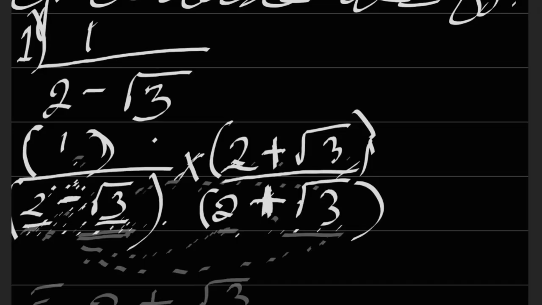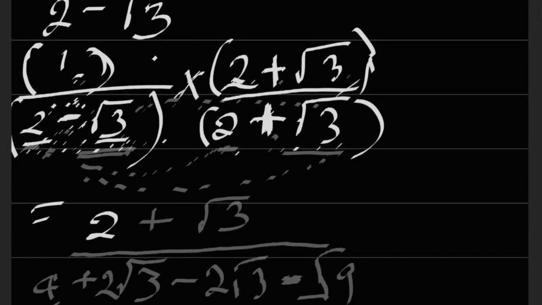1 times anything is that thing. So this will be 1 times 2, 1 times 2 is 2, plus 1 times root 3 is root 3, all over, these two multiply the first one here, these two multiply the second one, then the second one now will multiply the first one, the second one will multiply the second one. That's what we did in expansion.